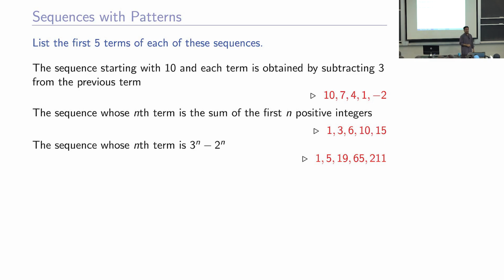Okay, generally it is wrong, but I can't say. 3 to the n is a product of odd numbers, so it has to be an odd number. It's all odd numbers. We are getting a sequence of odd numbers: 1, 5, 19. Is it correct? It's wrong.